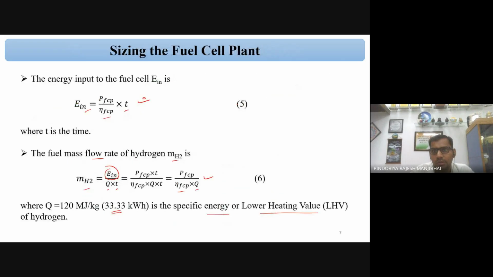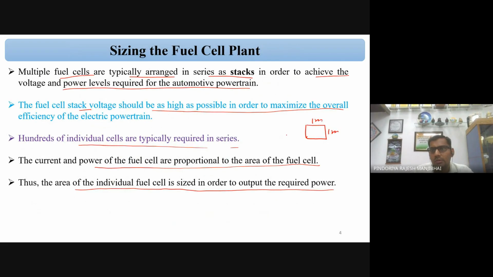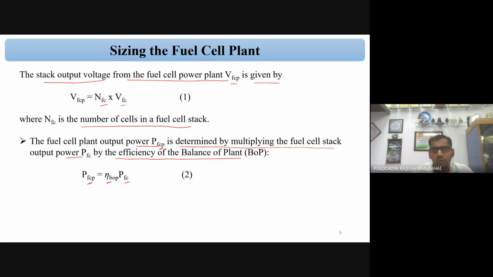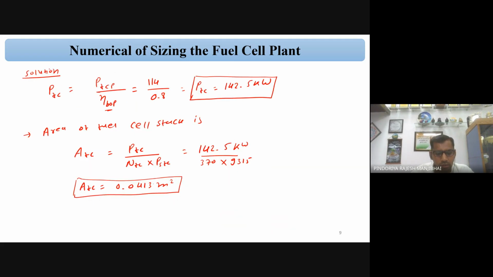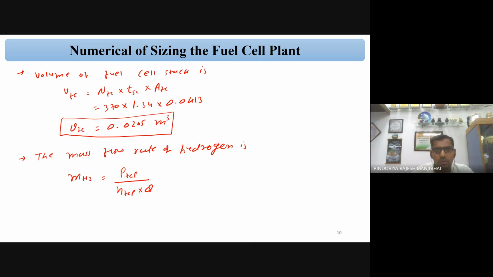Thickness is like this, 1 mm and 1 mm, so we can say mm square. And then another one is this area. So maybe the unit balance is this.